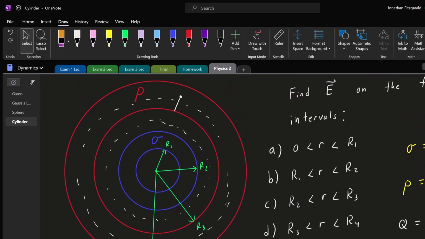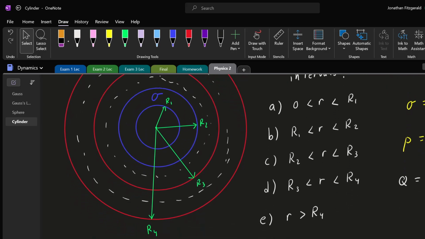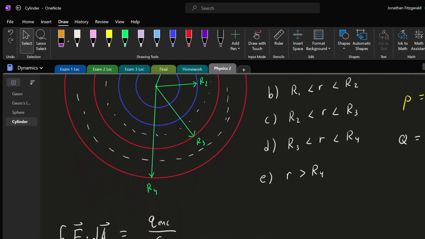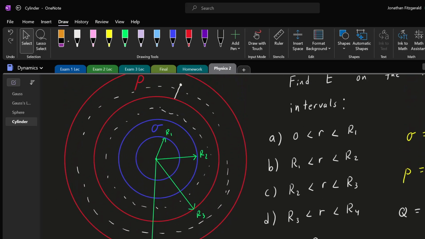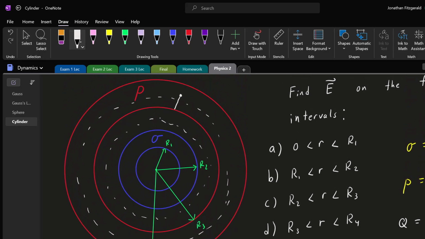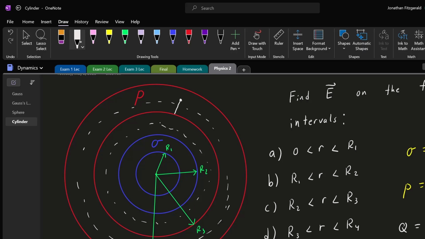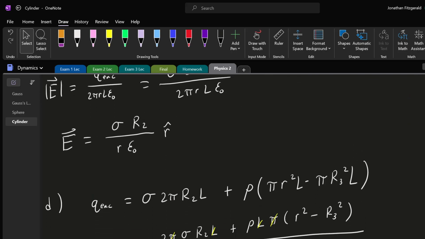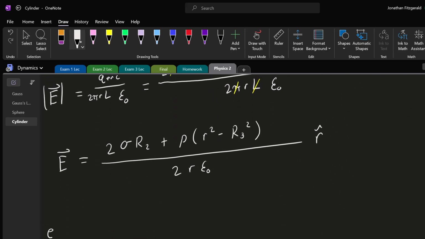Now our final part is for r greater than R4. So now we're saying this Gaussian cylinder has a radius greater than R4. Same process. What is the charge enclosed?